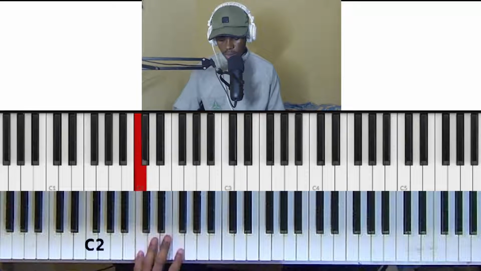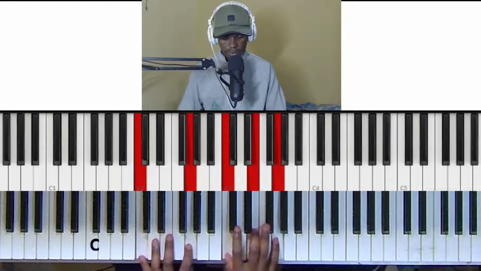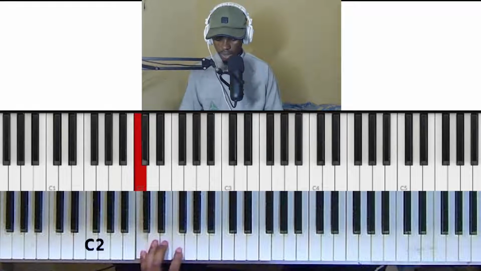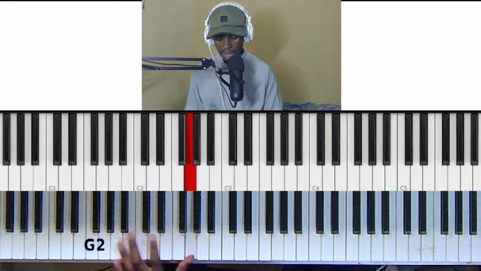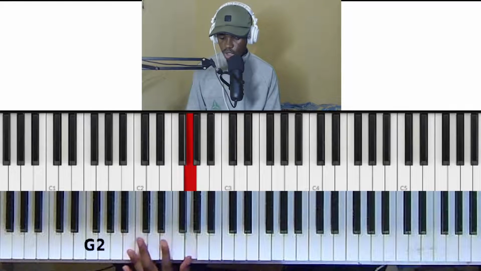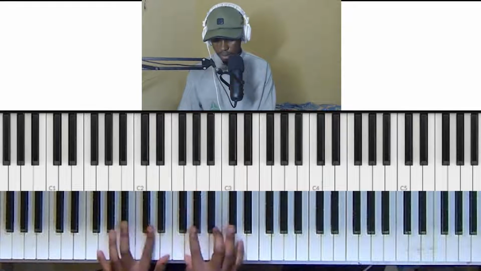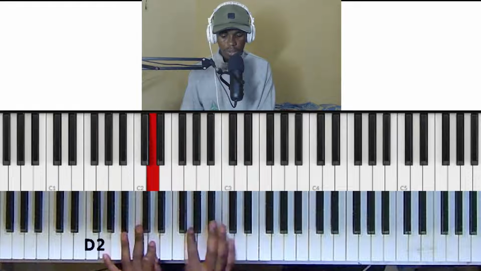Our 1 is C, C major. So let's look for the 5. 1, 2, 3, 4, 5. We have it: G, G major. 5 going to the 1.